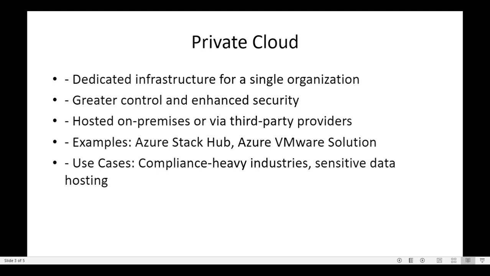Examples are Azure Stack Hub and Azure VMware Solution. In what situation will you use private? For example, if you have PII data, we cannot go with anything that breaks HIPAA compliance. We have HIPAA rules and regulations in the US market, in healthcare, so we always need to follow the private cloud.